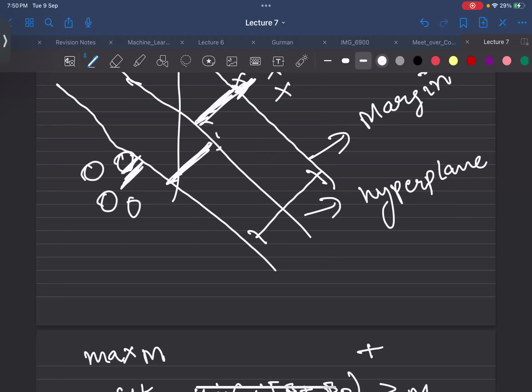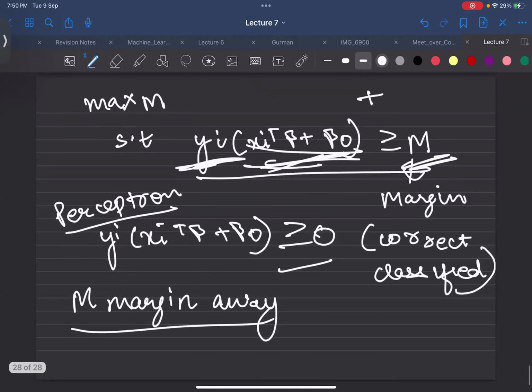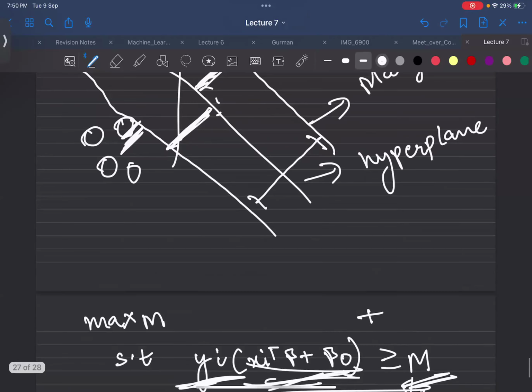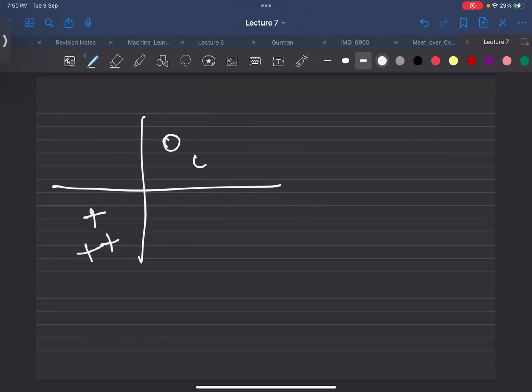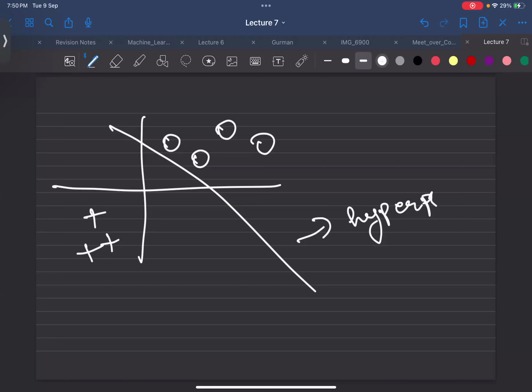Ma'am, I have just one question. If the perceptron had given us a correct hyperplane, wouldn't that also have been further from the margins anyway? Good question. This can be the hyperplane in perceptron, or this can be the hyperplane.